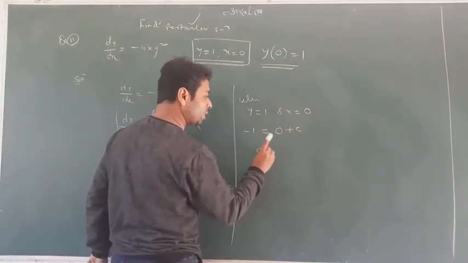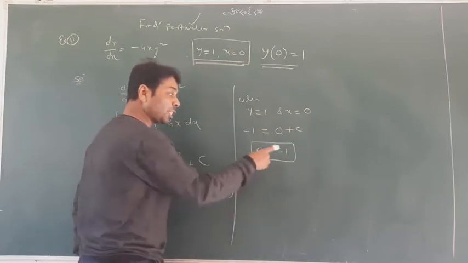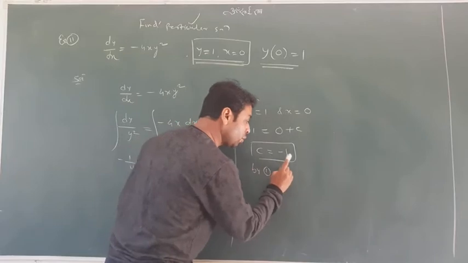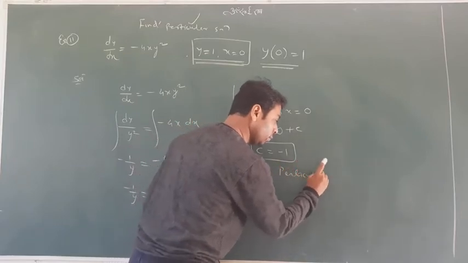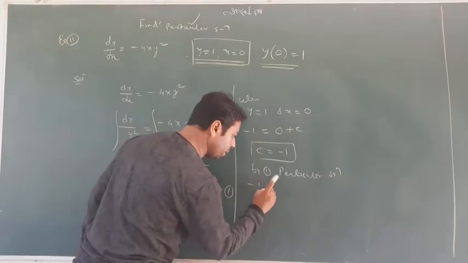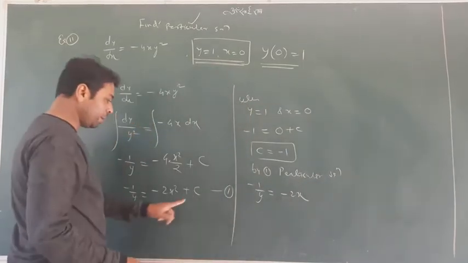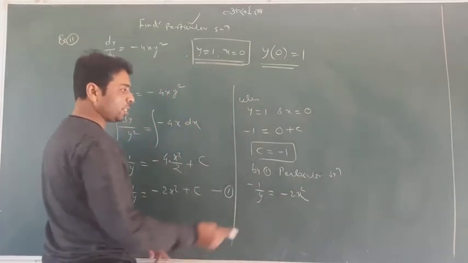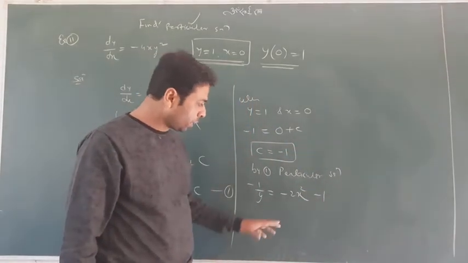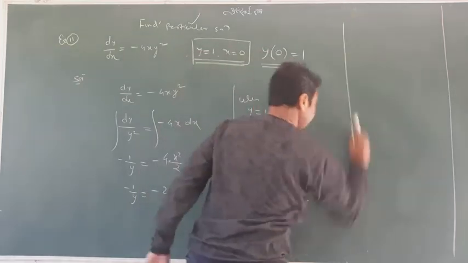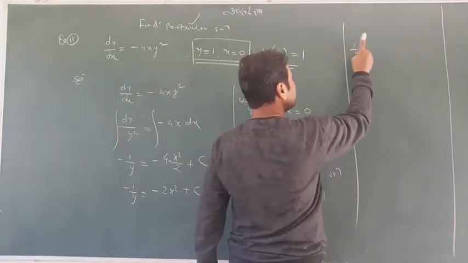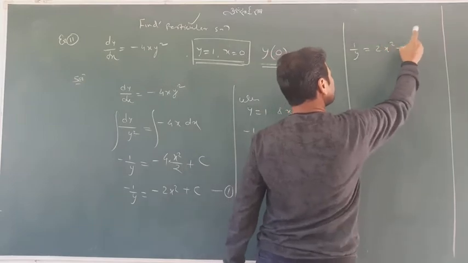So what do you think, students? C we got is minus 1. This is not the answer, but this is the value of c for the particular solution. Now you can get the particular solution from the same equation, students, because this time you have c equal to minus 1. You write c equal to minus 1 here, and this is the answer. You can simply modify it by yourself. You can multiply by minus, so 1 upon y equals 2x square plus 1.